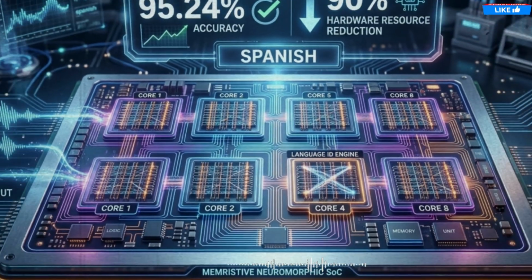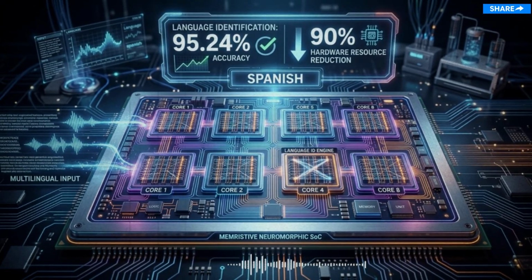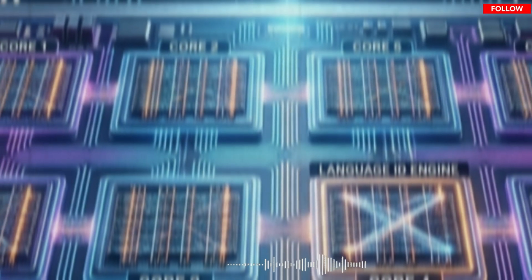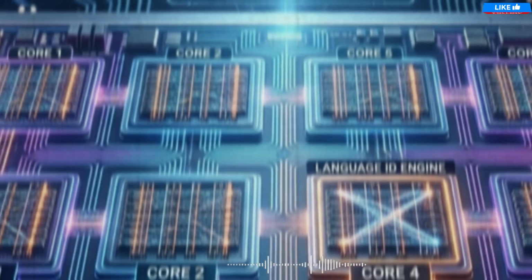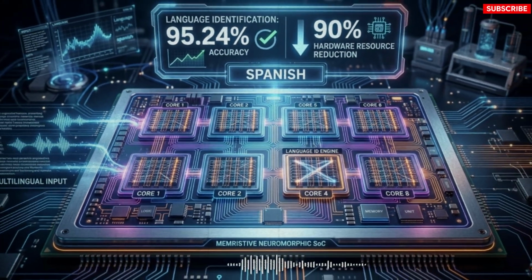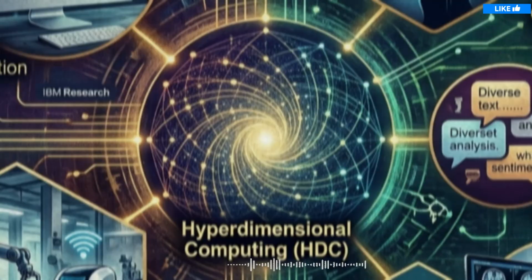One of the most impressive demonstrations of HDC's potential is in the domain of language identification at the edge. Researchers have developed a hardware algorithm co-design framework that leverages analog in-memory computing and HDC for efficient language identification on edge devices.